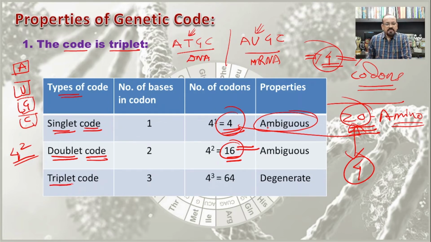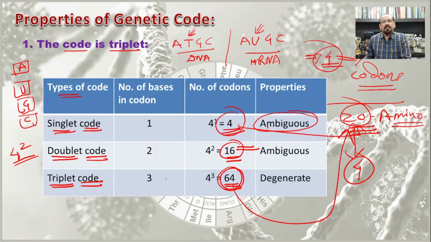But if the code is triplet, that is made up of 3 nitrogen bases, then there will be formation of 64 codons. And 64 codons are sufficient to specify these 20 amino acids.